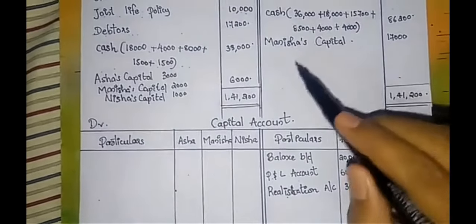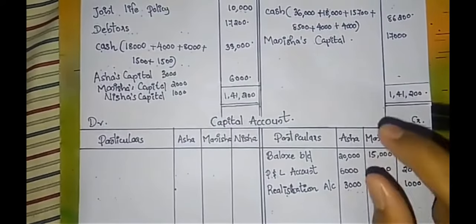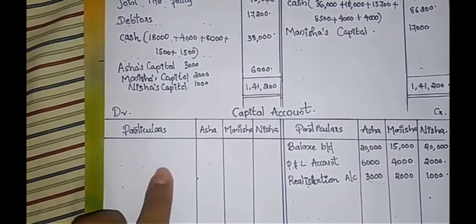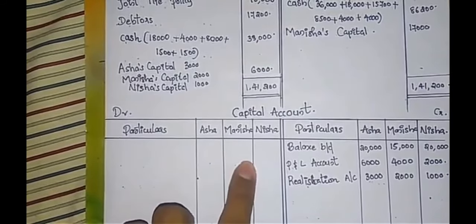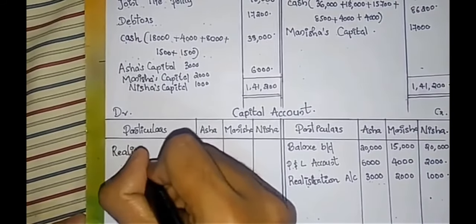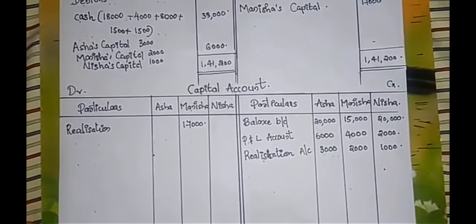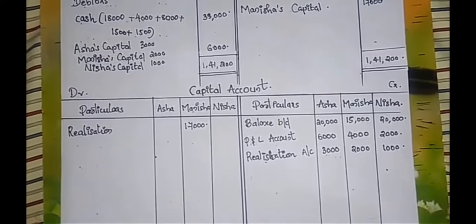And in the realization, we write Manisha's capital in the realization account. So in the debit side of the capital account, we need to write realization in the Manisha's column 17,000 rupees. There is no more item in the capital account, so I am going to balance the capital account.